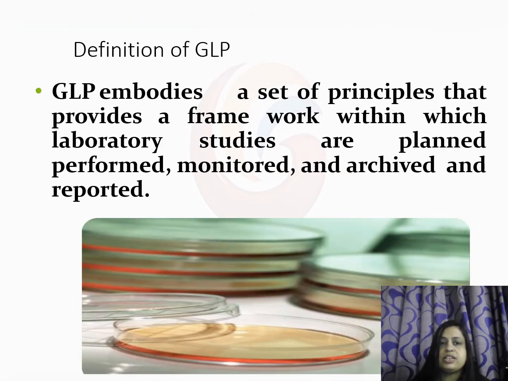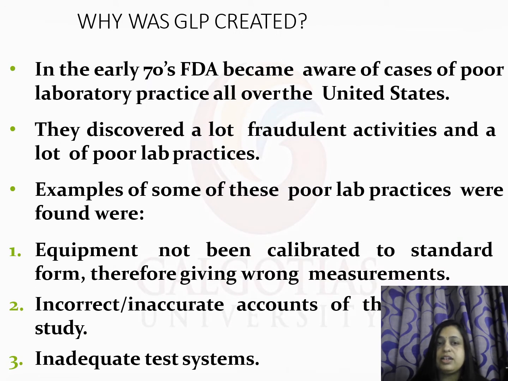GLP embodies a set of principles that provides a framework within which laboratory studies are planned, performed, monitored, archived and reported. Why was GLP created? In the early 70s, FDA became aware of cases of poor laboratory practice all over the United States.